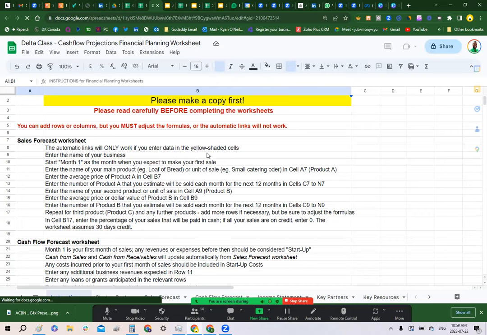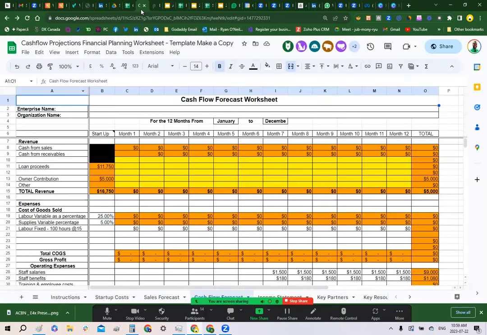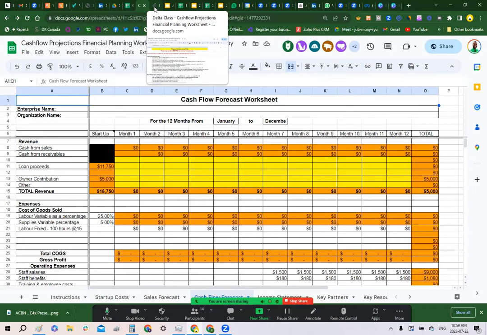Right. And so once you do have your copy made, what I'll first do is I'll walk through the one that I did as an example.